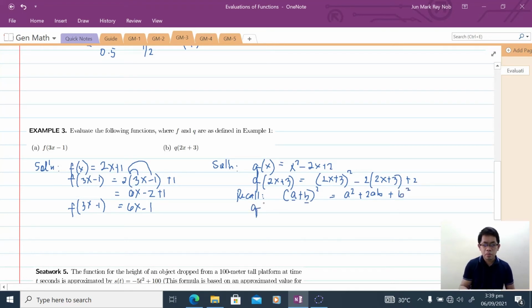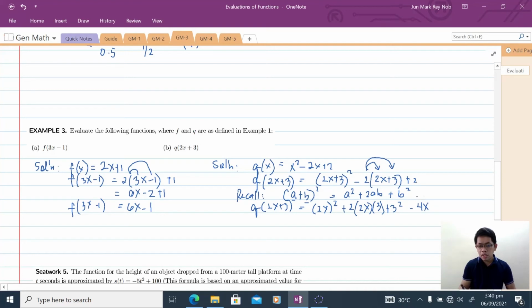So going back with our problem, the square of this is simply 2x squared plus 2 times 2x times 3 plus the square of the last term, which is 3 squared, and then you can actually multiply per term, so that's minus 4x.